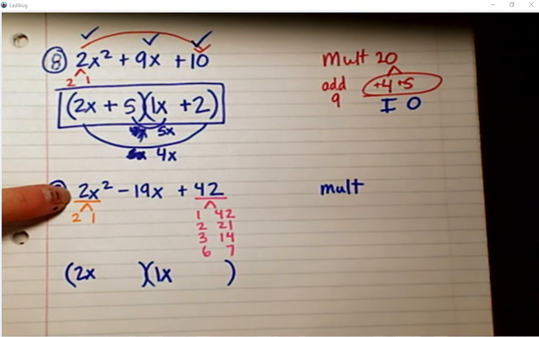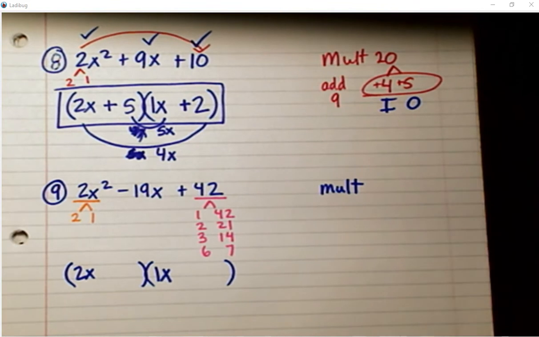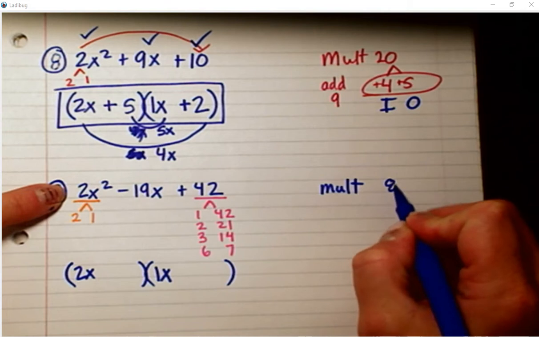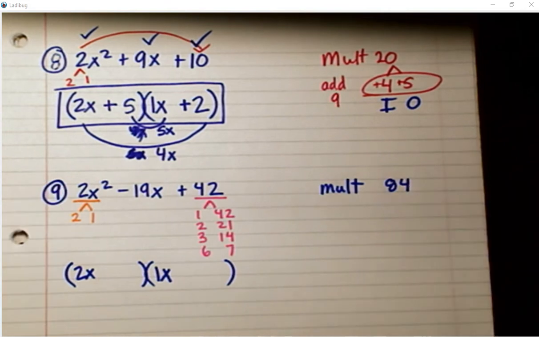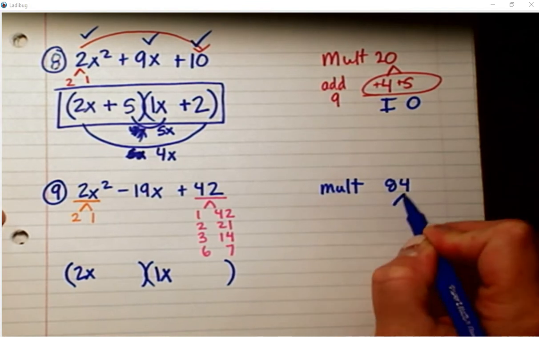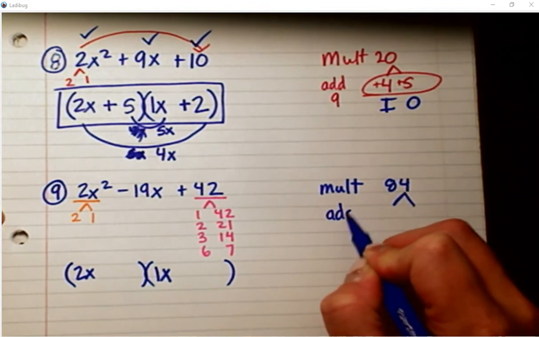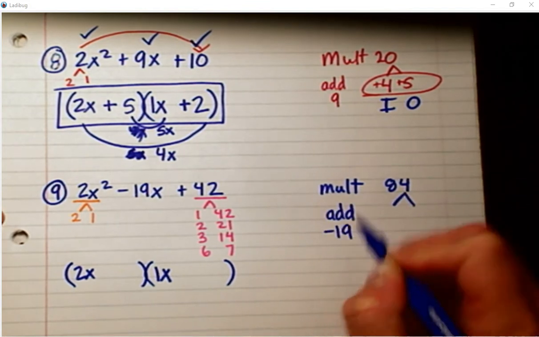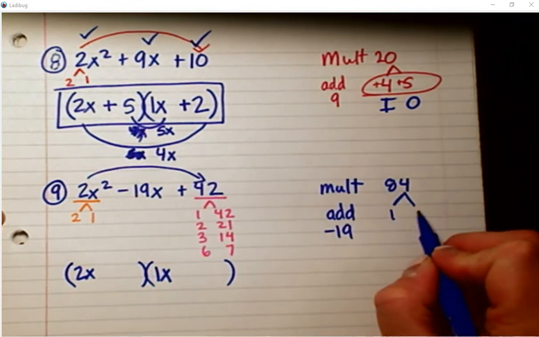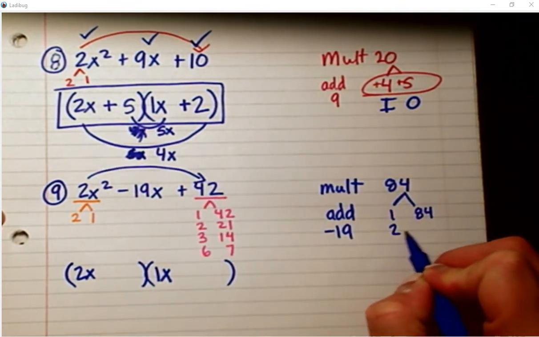I need more to go with because there's a lot of choices here. So we're going to multiply to 84. I want to know what my inner and outer are supposed to be. And we're going to add to -19. This is going to give me my inner and outer.